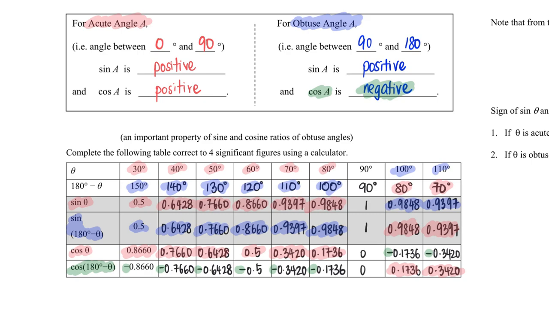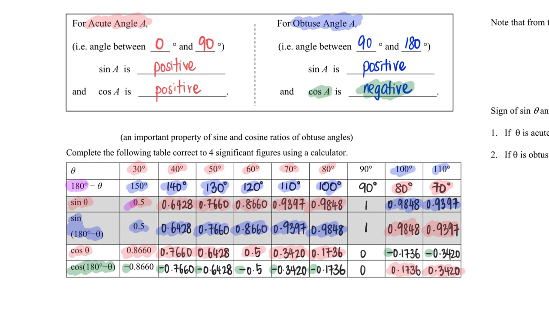The second observation though, what do you notice about the values of the ratio? Do you notice that there is a pattern that we can actually observe? What is so special when the acute and the obtuse angle add up to 180 degrees, what happened?